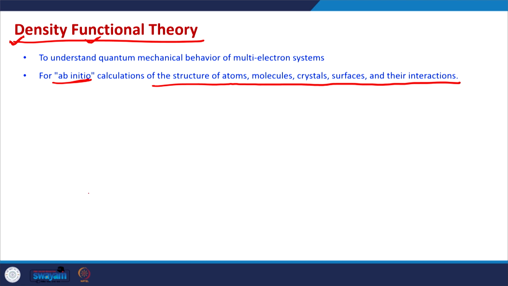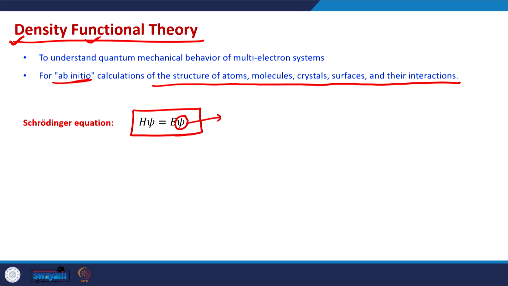Okay, so let's begin with the basics. If we have any quantum system, all the information about that system is encapsulated in its wave function, and the wave function is obtained from the Schrodinger equation.